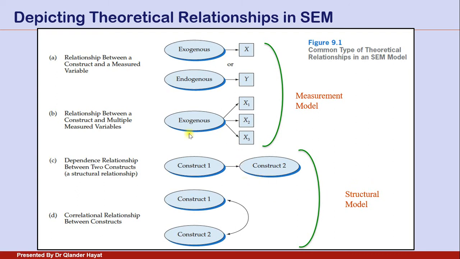So this is a part of the measurement model and this is known as the structural model. Another thing we have to observe is that dependence relationships are depicted by a single head arrow, while correlational or covariance relationships are depicted by a double head arrow.